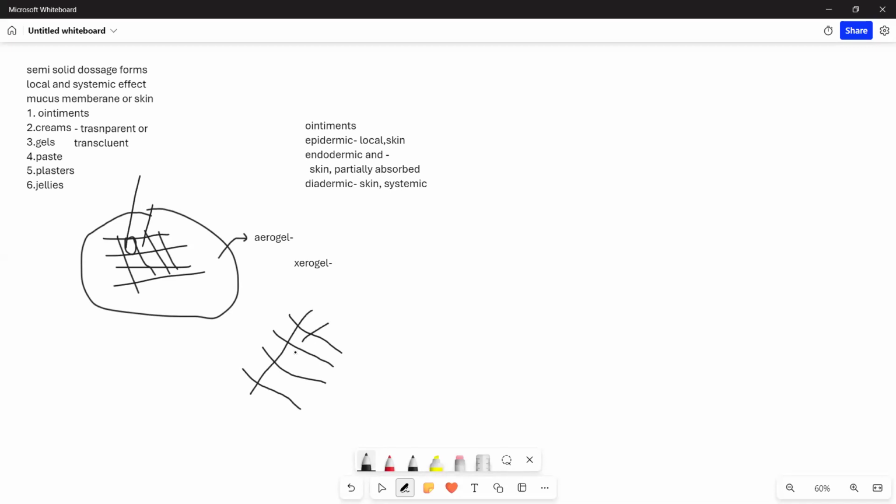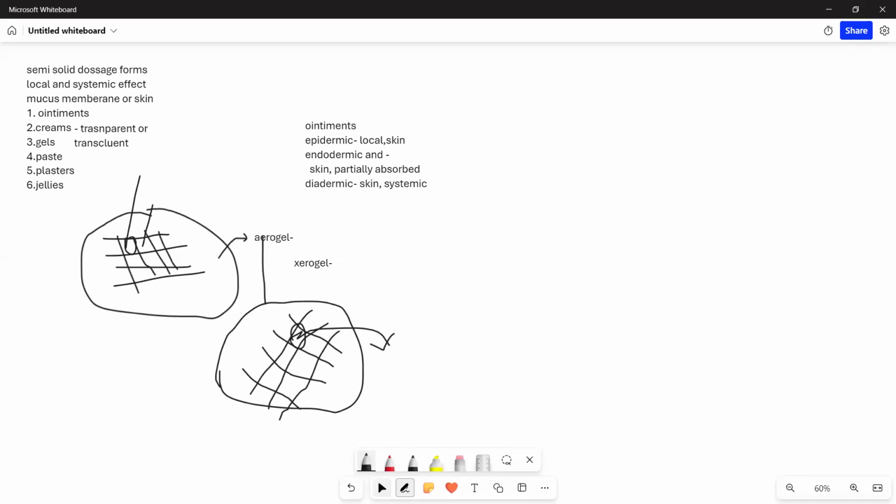In this matrix, the solvent is entrapped. Whenever this solvent is replaced by air, this gel, which lacks solvent in its matrix but consists of air in place of solvent, is known as aerogel. I think it is clear to you.